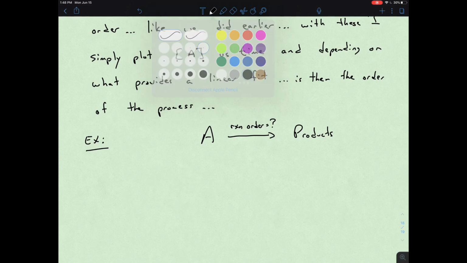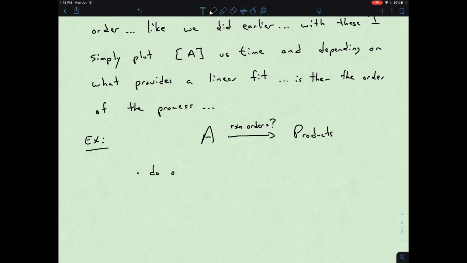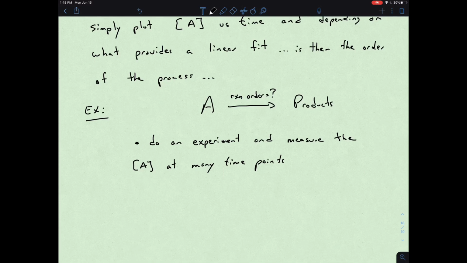So I do an experiment, and I measure the concentration of A at many time points. I then plot concentration of A versus time.